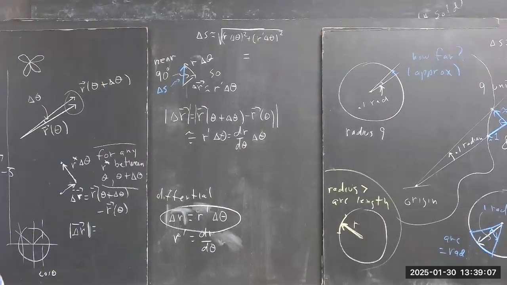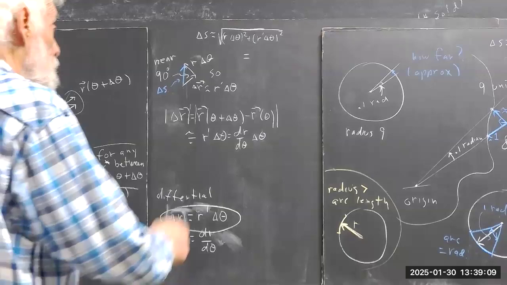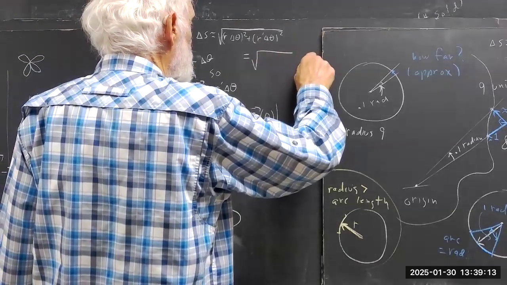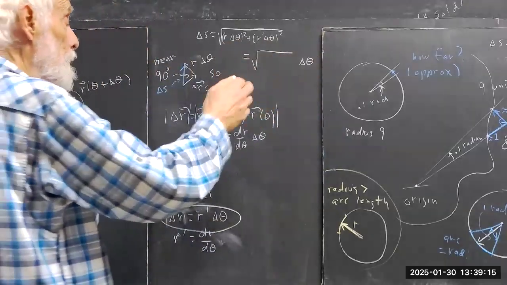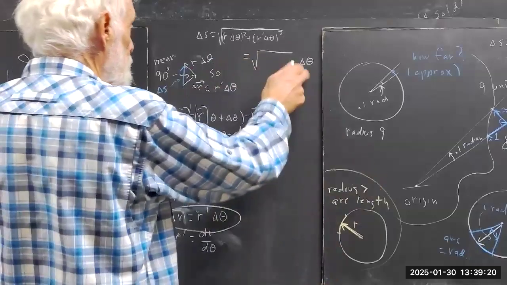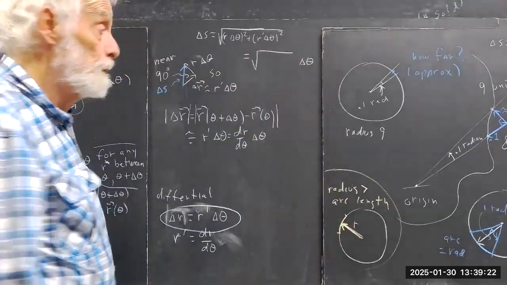Okay. And if we factor out a delta theta from the square, I mean, you've got delta theta squares in here, they factor out, and then you take the square roots, you end up with the delta theta outside the square root.